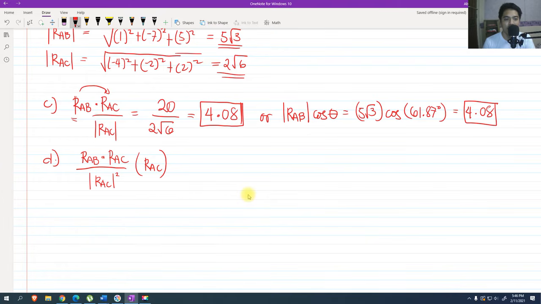This is the vector projection of RAB to RAC.